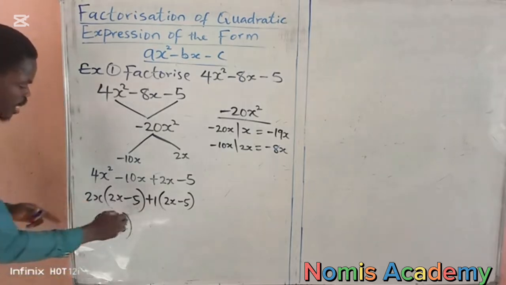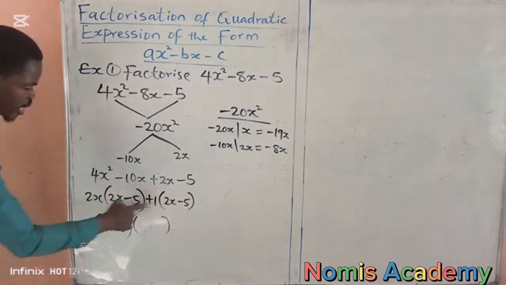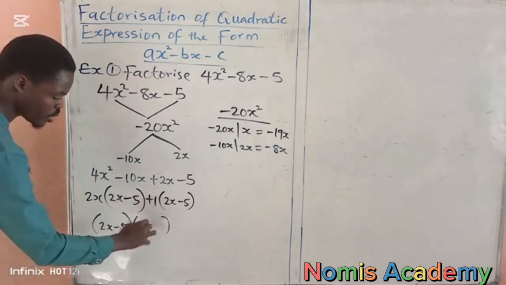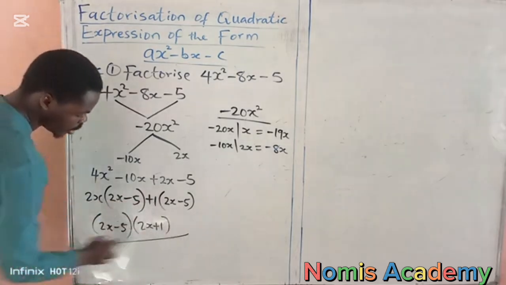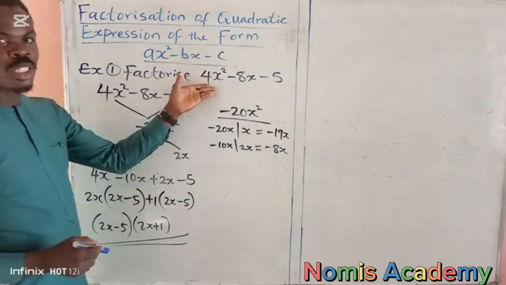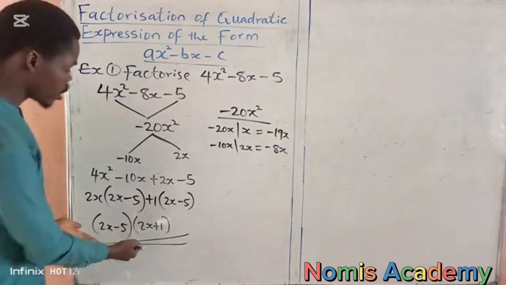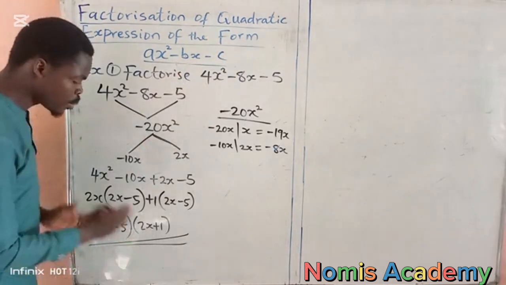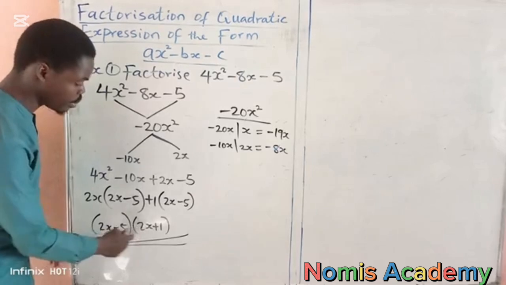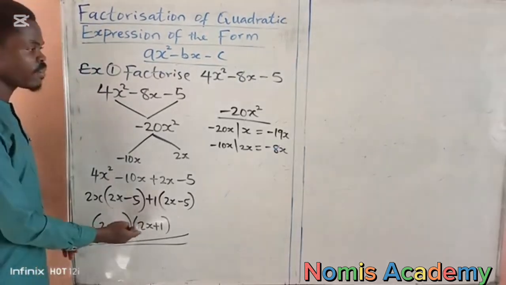And then you write out what we have outside the other bracket, which is 2x plus 1. So this is the solution to the quadratic expression. Just like I said, the solution is always a product of two linear factors.